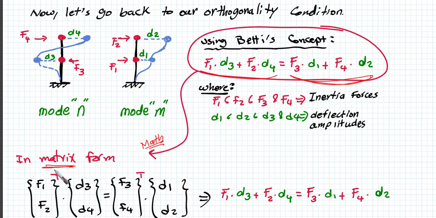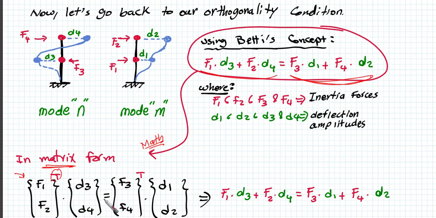So when we put it in matrix form, we put it like this: the F1 and F2 vector, and its transpose, times D3 and D4, which is the deflection related to the nth mode. So this is related to the mth mode, this is the nth mode.